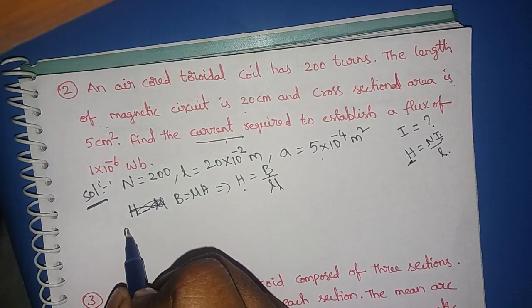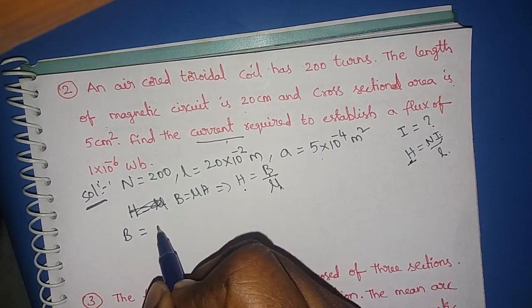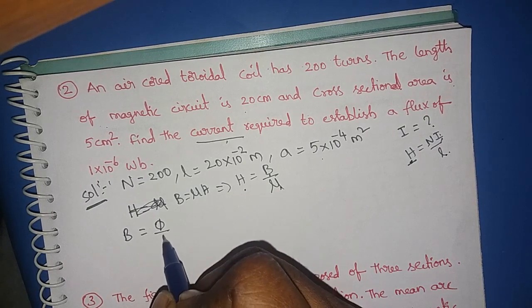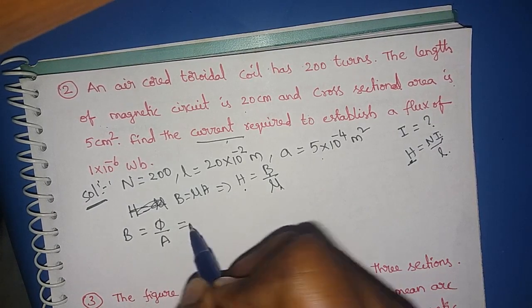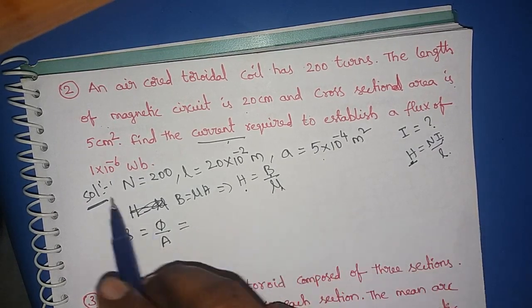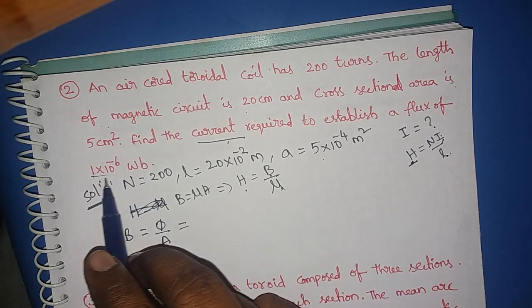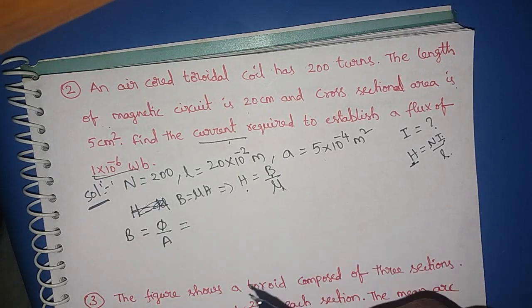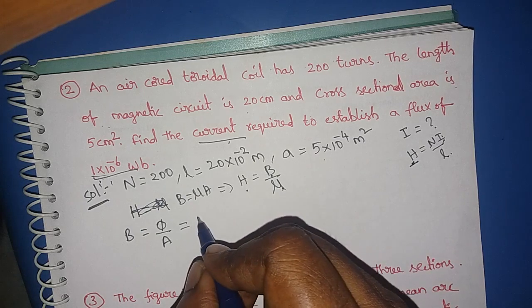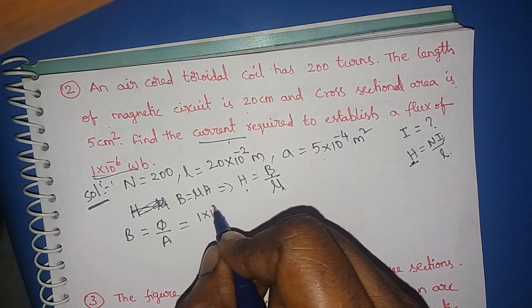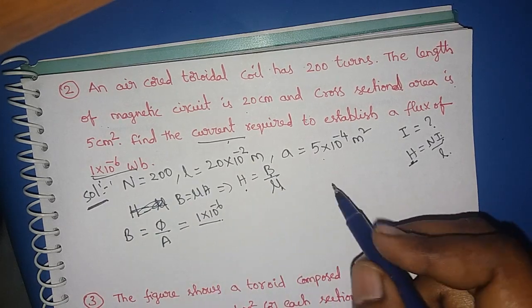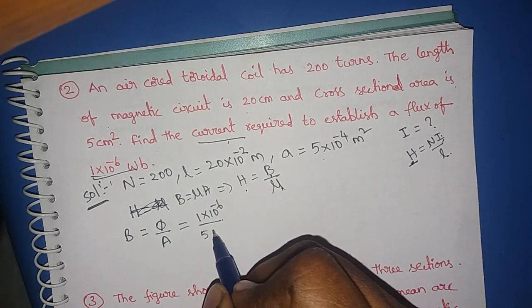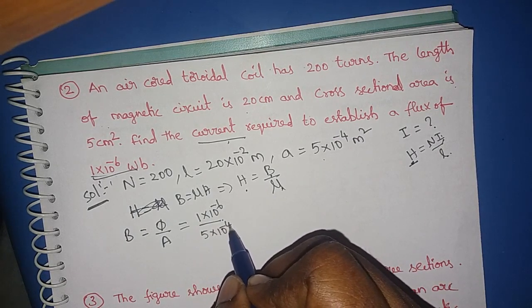First, the formula for B is phi by A. We already know phi: 1 into 10 power minus 6 Webers. Area is 5 into 10 power minus 4.